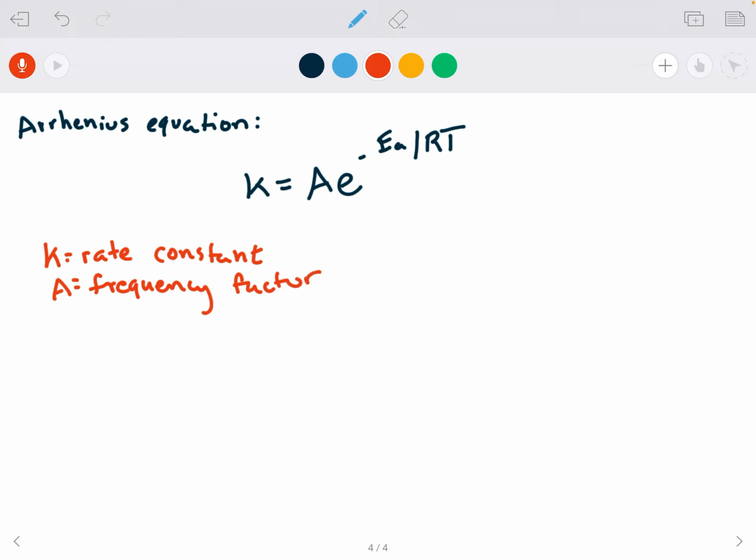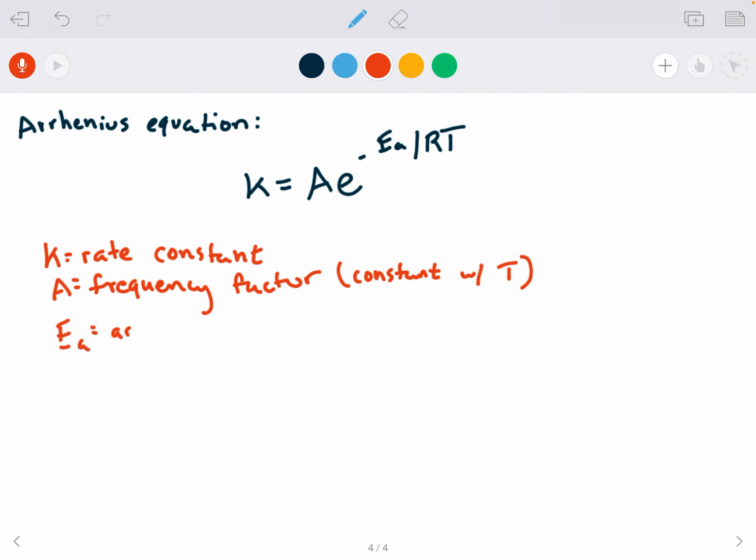Now the frequency factor does not change really with temperature. It's going to remain pretty constant. And the frequency factor is related to the frequency of collisions and the probability that those collisions are oriented in a favorable manner. So the frequency factor will be different depending on what your reactants are.